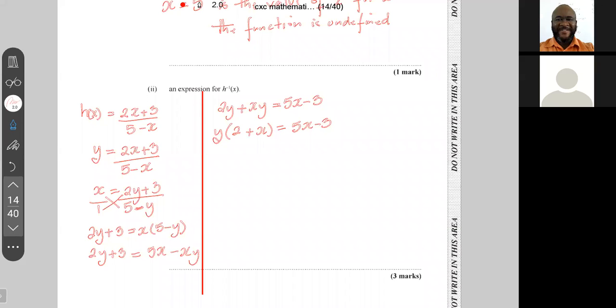We're still in step 3, which is to make y the subject again. Then I'm going to divide both sides by 2 plus x. This cancels this, leaving y. And so y is equal to 5x minus 3 over 2 plus x.